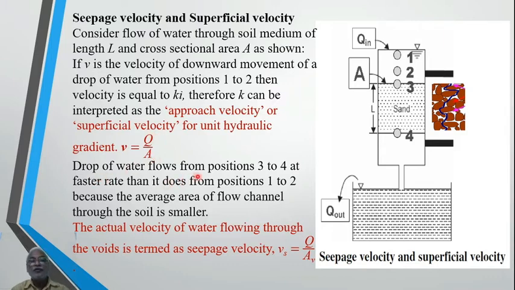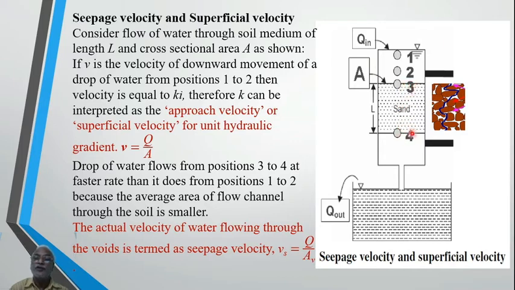Now a drop of water flows from position 3 to 4 at a faster rate than it does from position 1 to 2. From 1 to 2 it moves slower, from 3 to 4 it moves faster, because the discharge has to be the same, but here the cross-sectional area is full, whereas in this case the cross-sectional area through which the water is flowing is less, because there are voids. Only through the voids the water has to pass, so it is not the full area through which the flow is occurring. When the cross-sectional area reduces, the velocity has to increase.